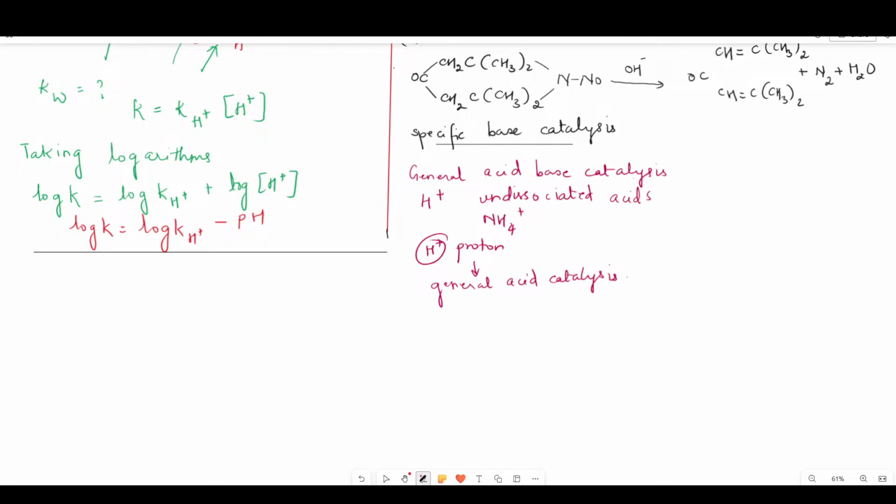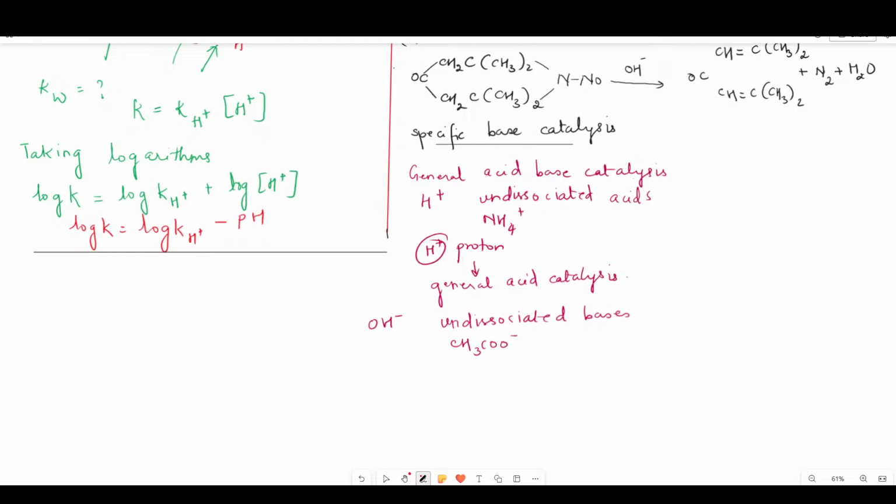Similarly, the reactions catalyzed by OH- ions are also influenced by undissociated bases or anions of weak acids such as CH3COO-.